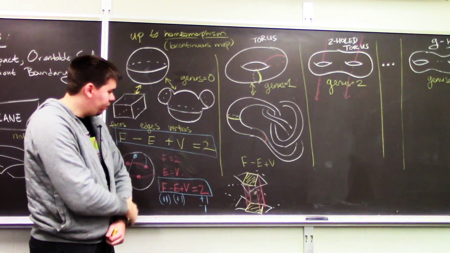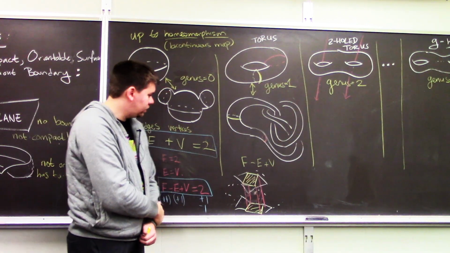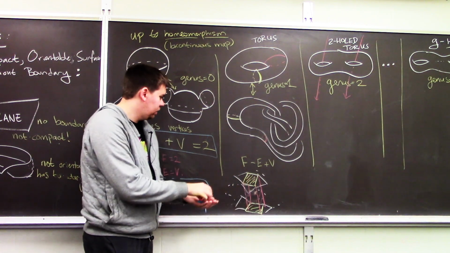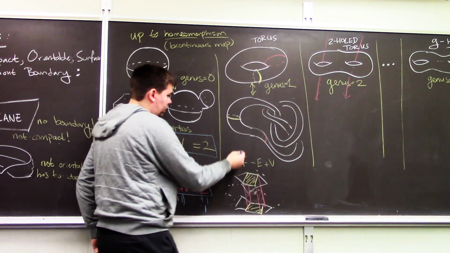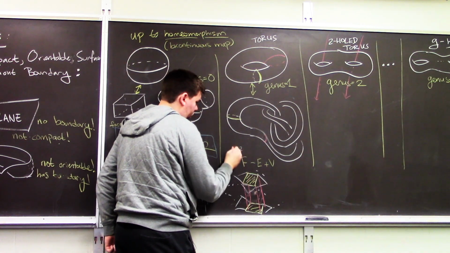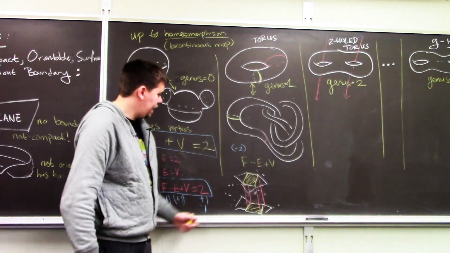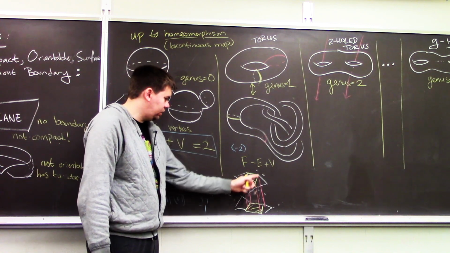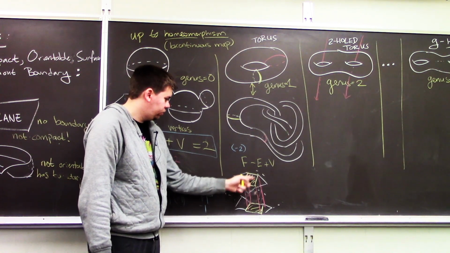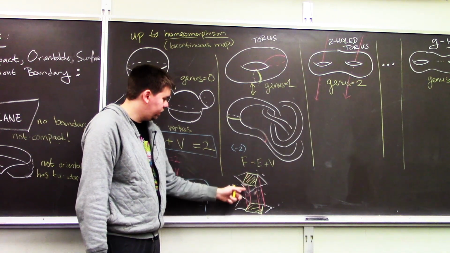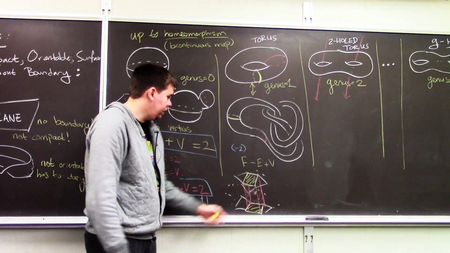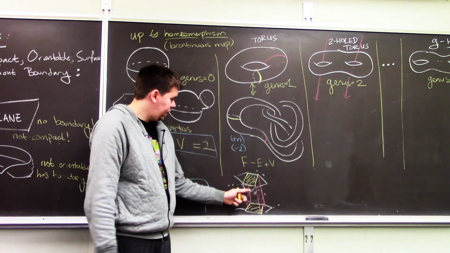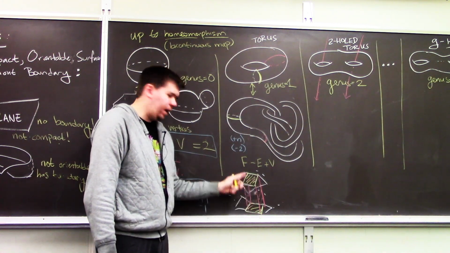So then we can stop and think, well, what did that cost us? Well, we deleted 2 faces. So the number of faces went down by 2. And then we added some faces. Here is 4. Let's say in general this is some n-gon. It could be a triangle or a square or whatever. But let's say there were n faces we added. But then we also added the same number of edges.